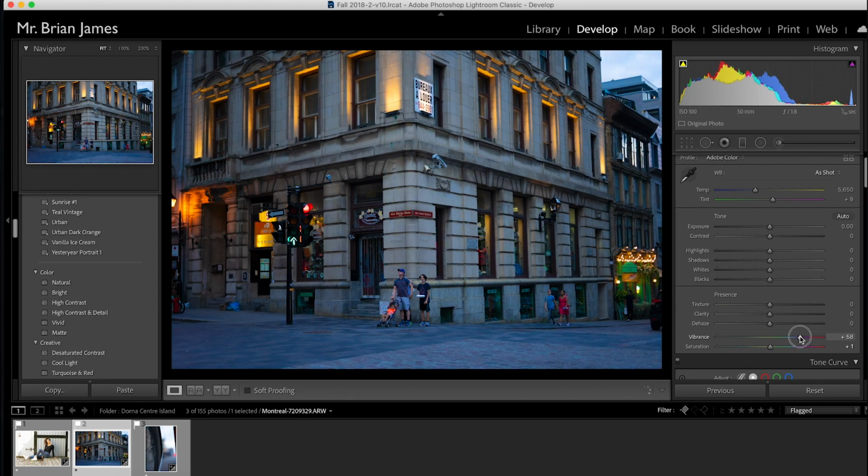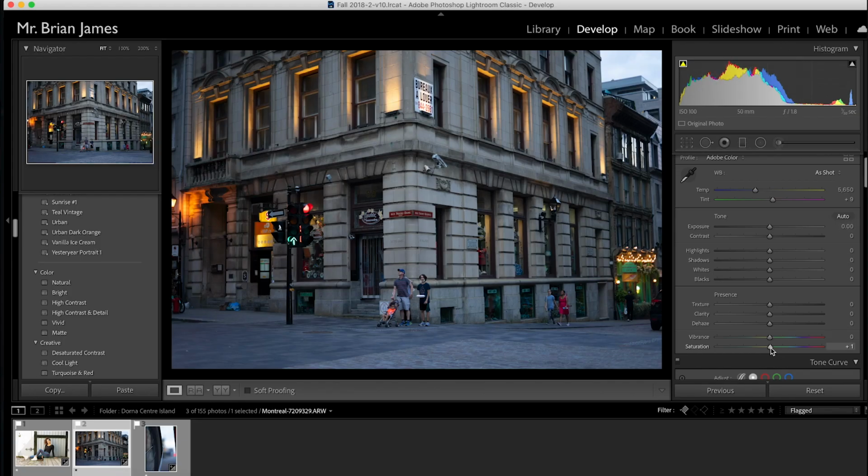See how they're shifting to the left, but yet your blacks and your whites are not really being affected. Now here's the thing that I want to point out, because this is going to be important in the next example. The reds and the yellows are not affected in the same way in vibrance that they are in saturation. That's going to be very important in the next example when we're talking about skin tones.